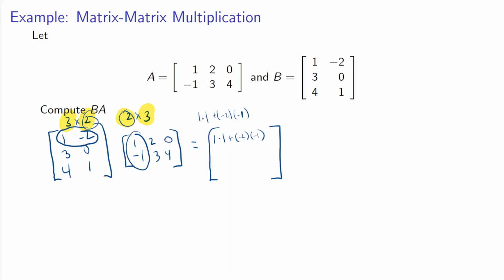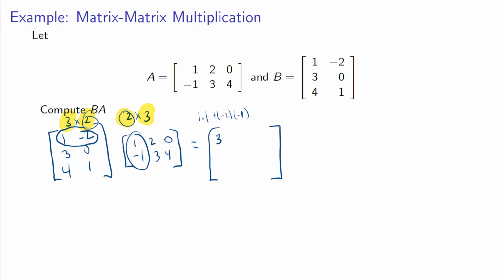And that's going to go right there. Let me erase all this so I have an actual spot to put that number. So the result here is going to be 1 plus 2, which is 3. And you can go back and check with the definition of matrix multiplication that we laid out earlier that this does in fact work. And this is a little bit of a quicker way to go through this.